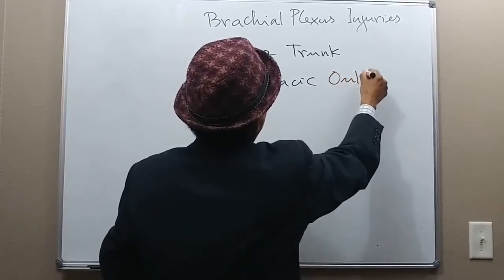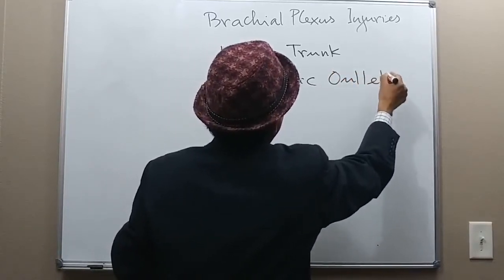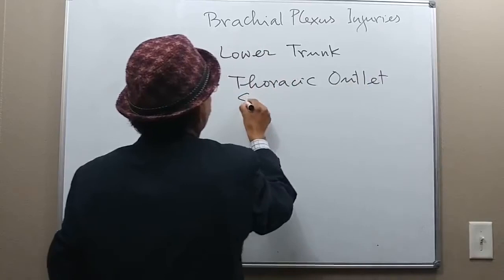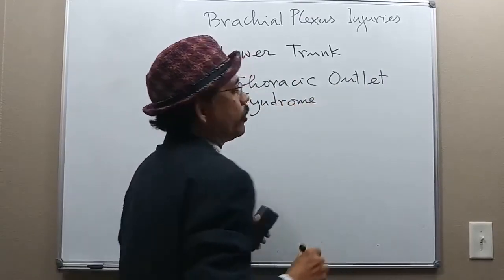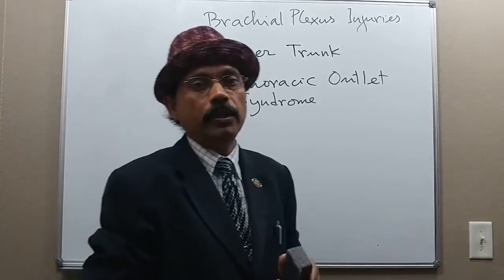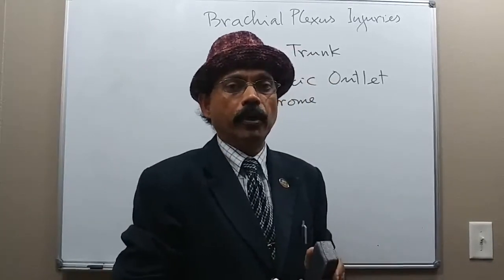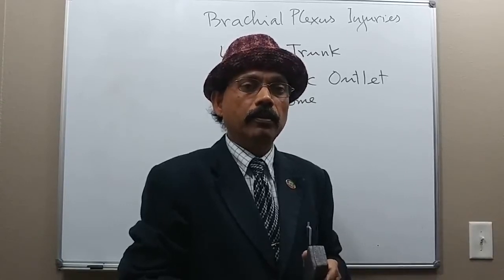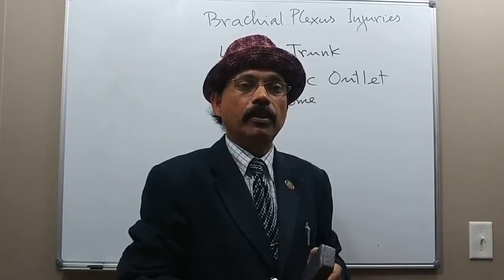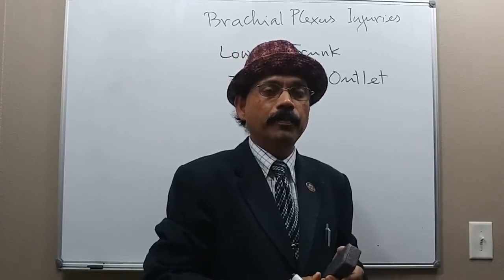What happens in thoracic outlet syndrome? It is due to a rib that is called cervical rib, that is connected to the C7 cervical vertebra.